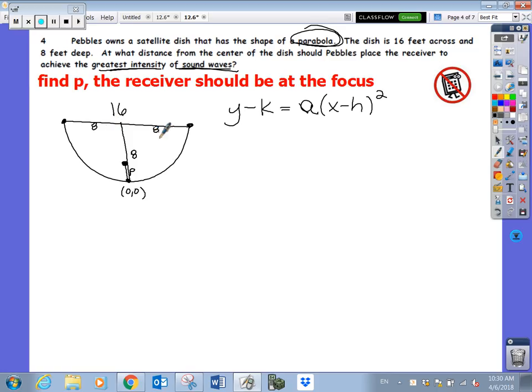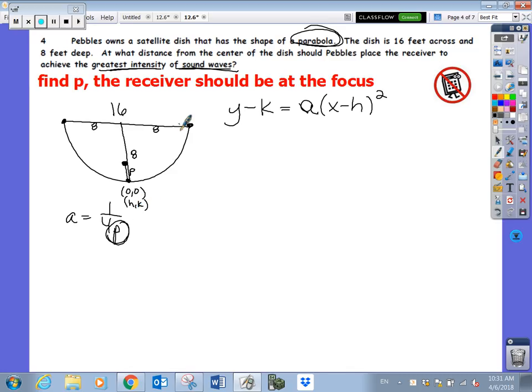In order to find our a value, and the whole reason we have to find a is because a equals 1 over 4p, and p is what we're looking for. That's why we have to write this equation, because we need to find a in order to find p. So we need y, k, x, and h. We already have our h, k: it's (0, 0).